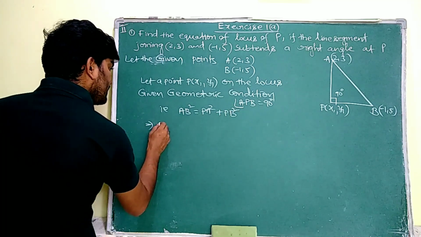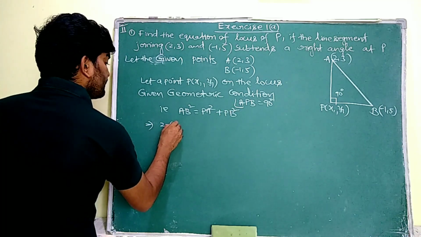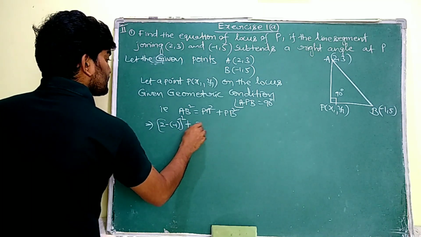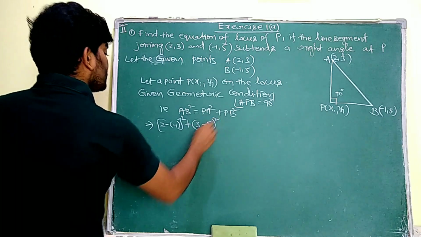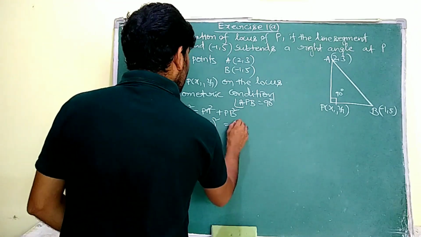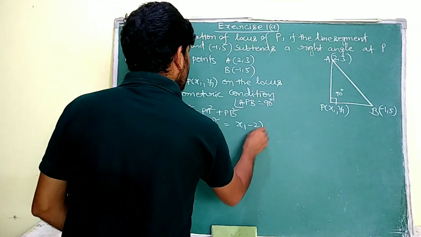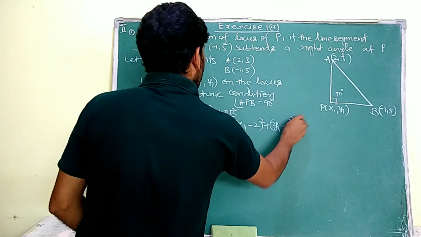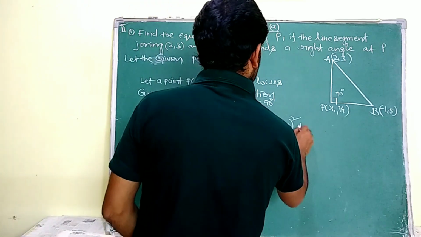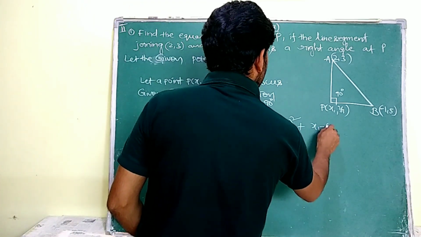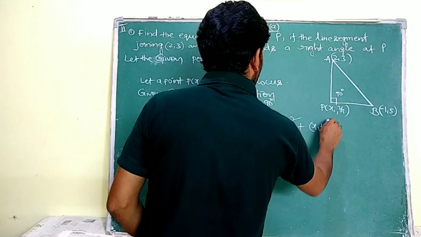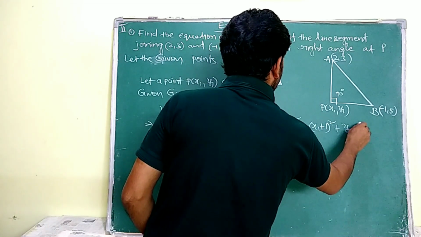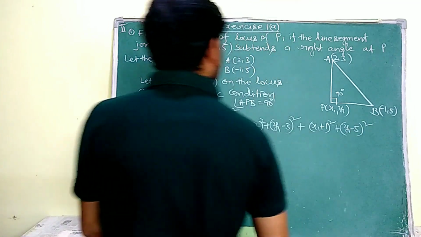AB square means (2 minus (-1)) whole square plus (3 minus 5) whole square, equal to (x1 minus 2) whole square plus (y1 minus 3) whole square plus (x1 minus (-1)), that is (x1 plus 1) whole square, plus (y1 minus 5) whole square.